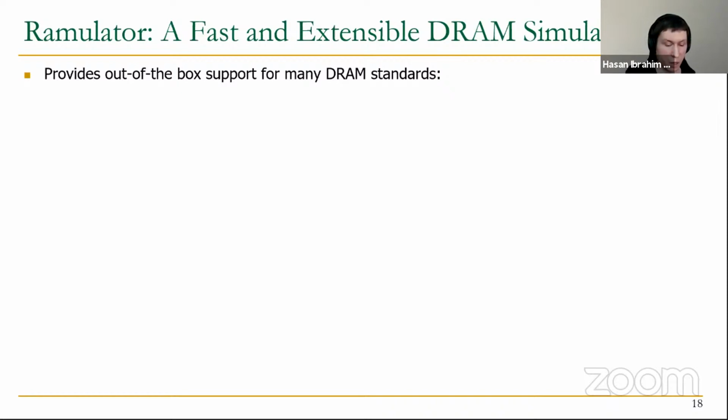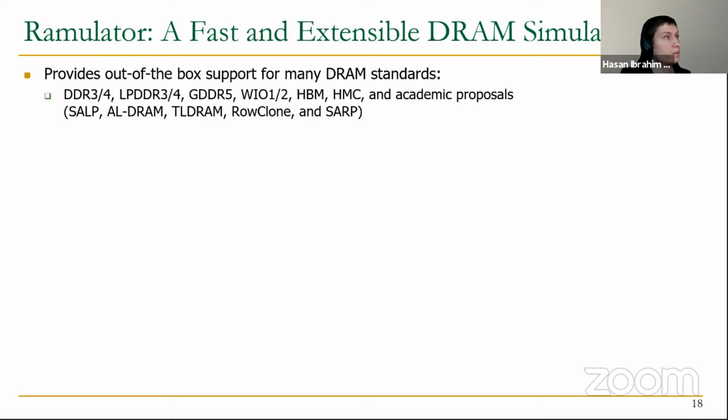But that policy of which request to service first from the available ones in the request queue is important, because based on the order in which you service those requests, the memory subsystem achieves different performance. It affects the energy consumption, the power consumption of the system, etc.